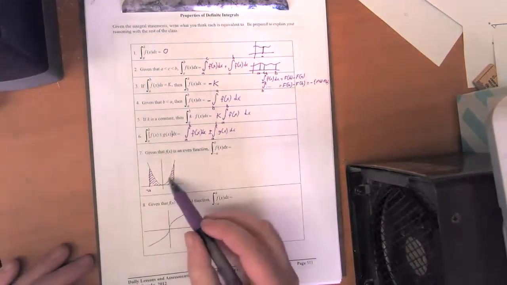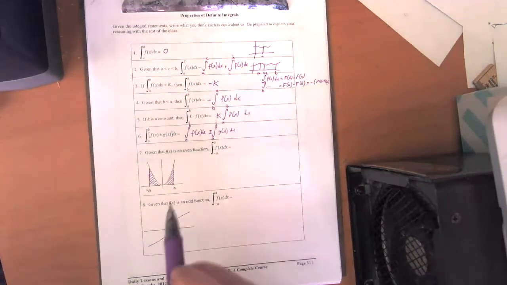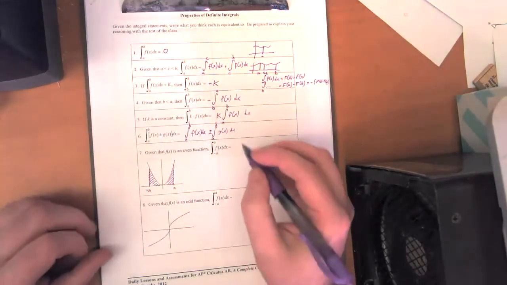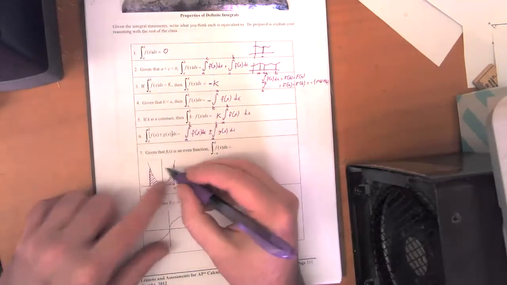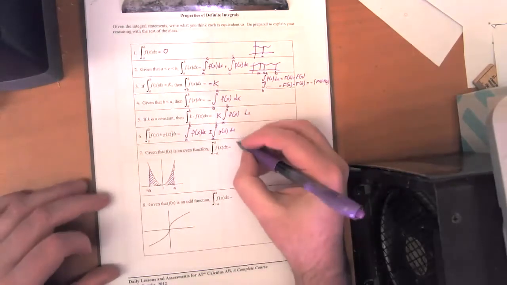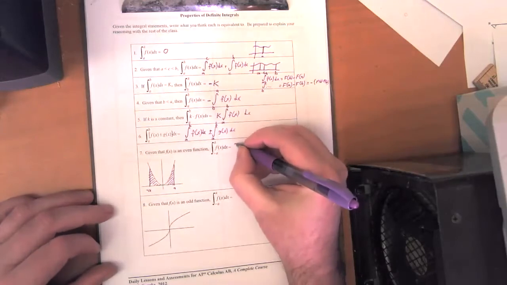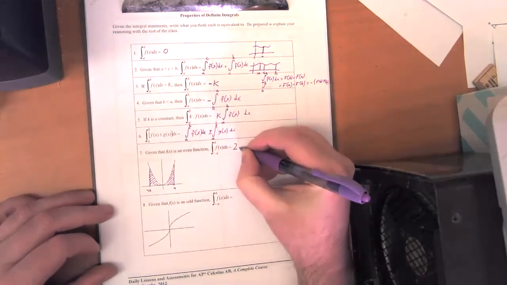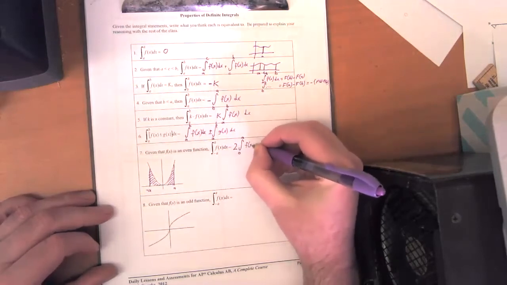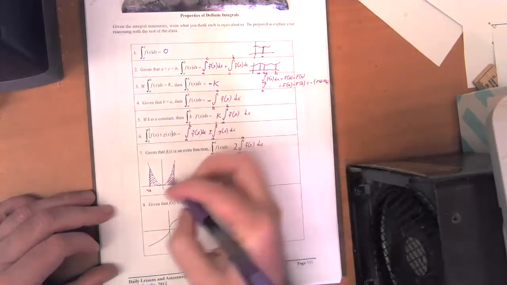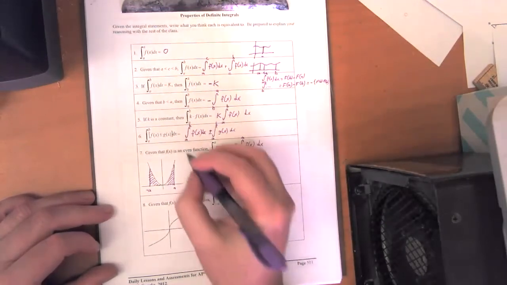Can you think about how I can simplify this integral a little bit? Well, these two areas are going to be the same because they're reflected about the y-axis. So this is just saying that we can double the integral from 0 to a of f of x dx, because f of x is an even function.